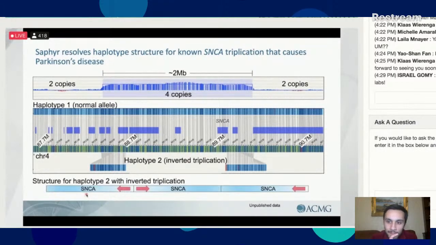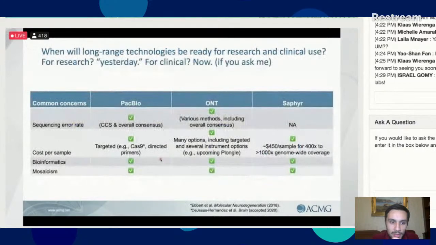So what you wind up with is 3 copies of alpha-synuclein on the second haplotype. Up to this point, no one had resolved the genomic structure of this. But we were able to do that with these long-range technologies. And I want to emphasize that we're not just seeing a single haplotype, but both germline haplotypes, which is really powerful.